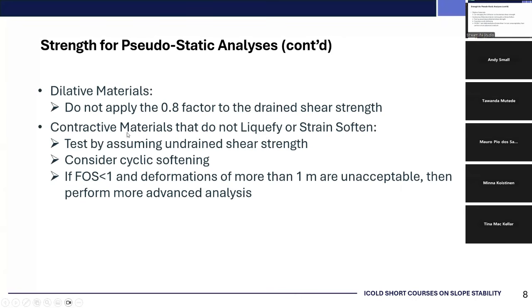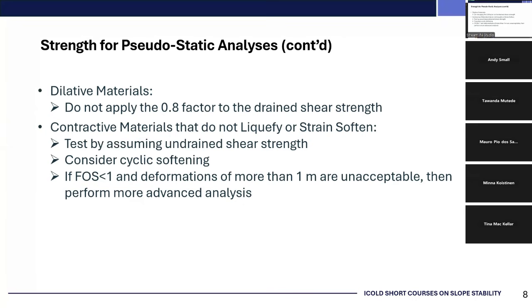Now, if we have contractive materials that do not liquefy or strain soften, and this comes into what Paul is going to be showing later of what we have in Appendix B of the ICOLD bulletin, then what I do in my practice is I do a test assuming undrained shear strength, a peak undrained shear strength. If it passes there, that's fine.